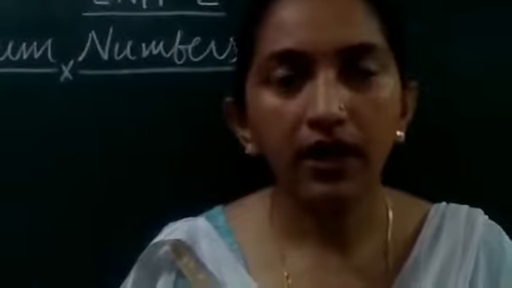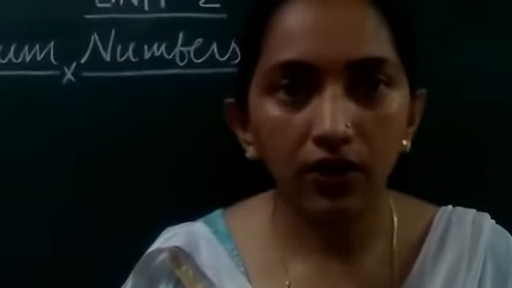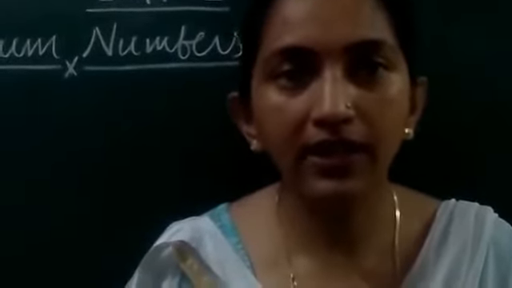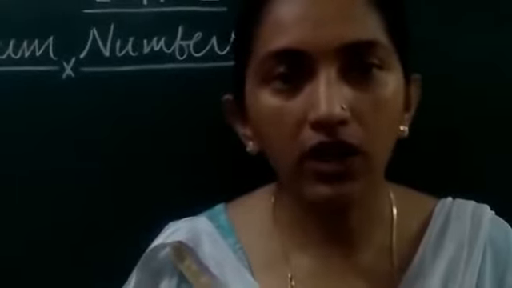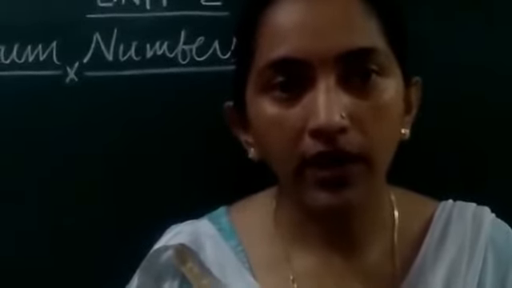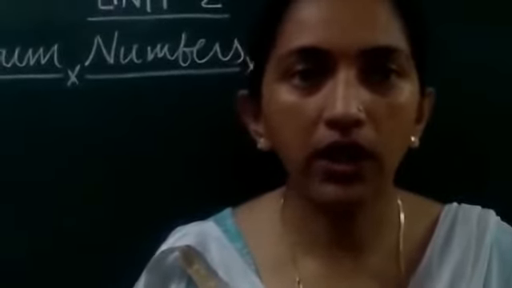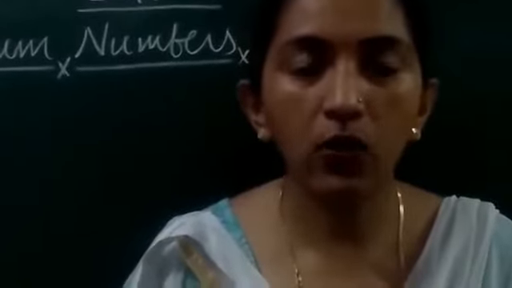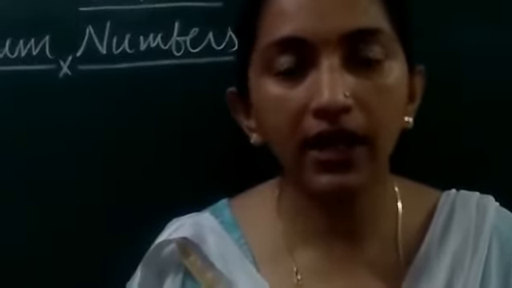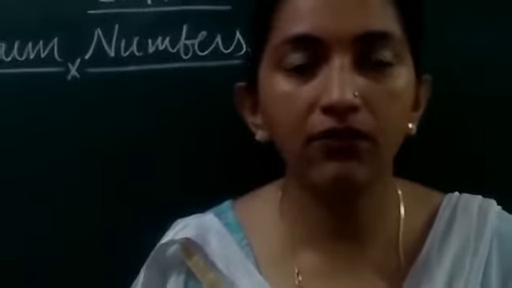Now to define the electron, we have the spin quantum number, which will tell us about the spin of the electron, whether it is moving clockwise or anti-clockwise. So we are going to discuss them one by one.